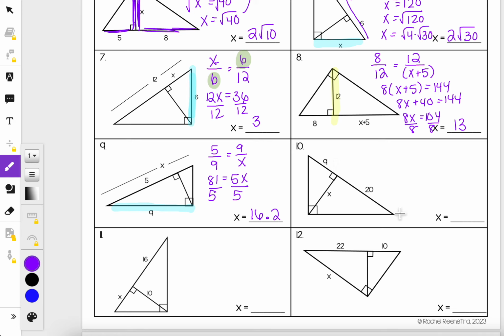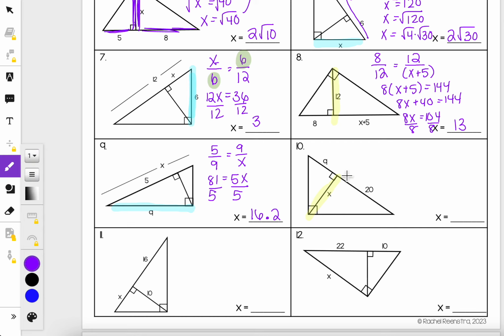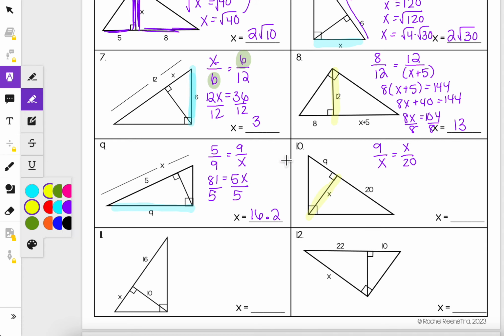Number 10. I look at that whole right triangle. I am given the altitude, so I'm going to use that altitude theorem. So 9 over x equals x over 20. If you highlight either the altitude or the leg, whatever you're highlighting is going to be the geometric mean.